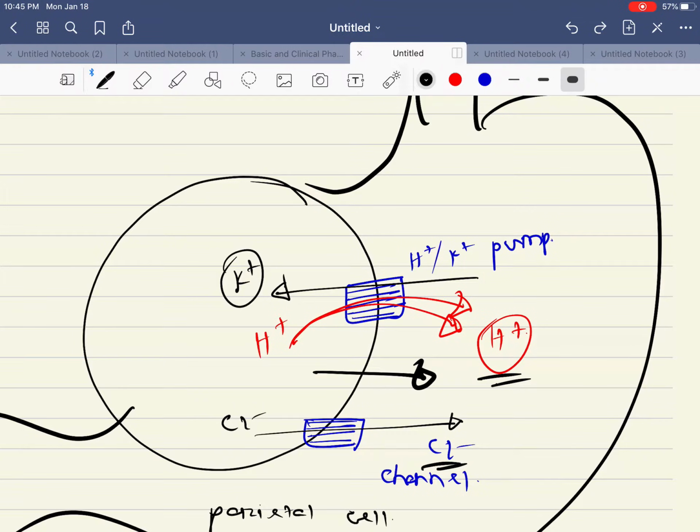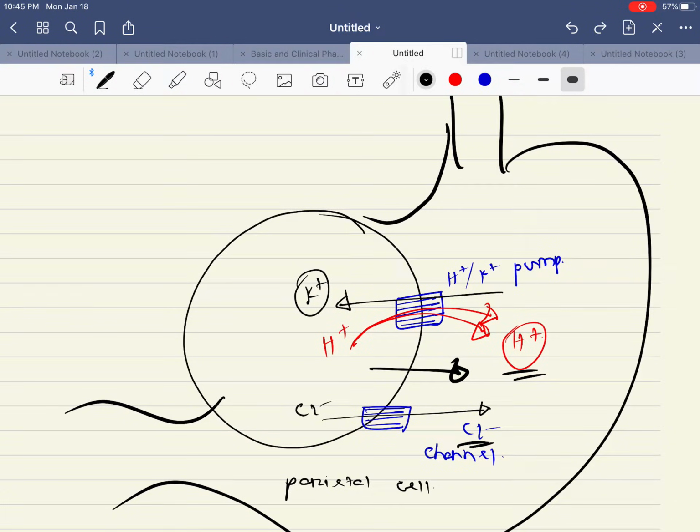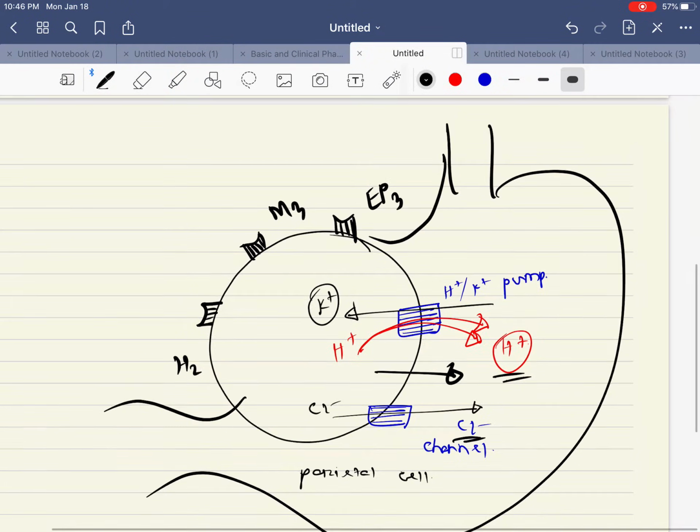Now, there are also some more receptors, such as the H2 receptors, M3 receptors, and prostaglandin EP3 receptors.